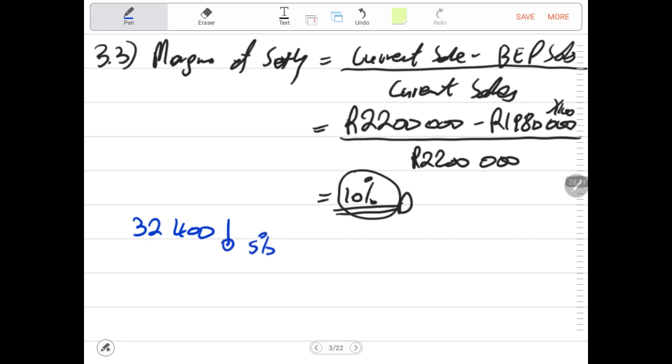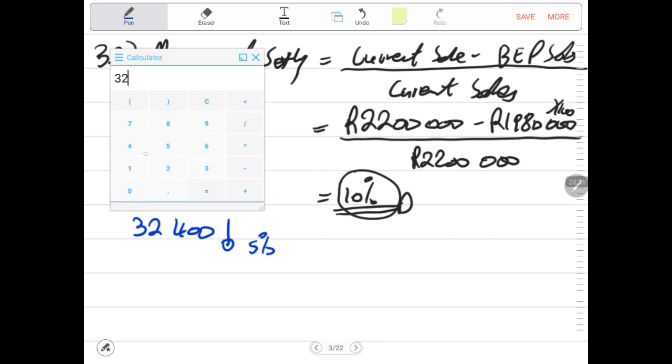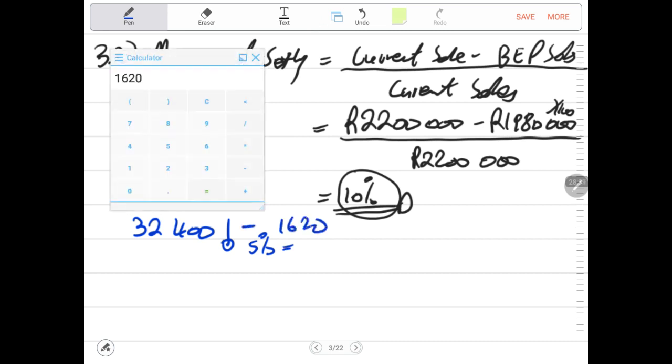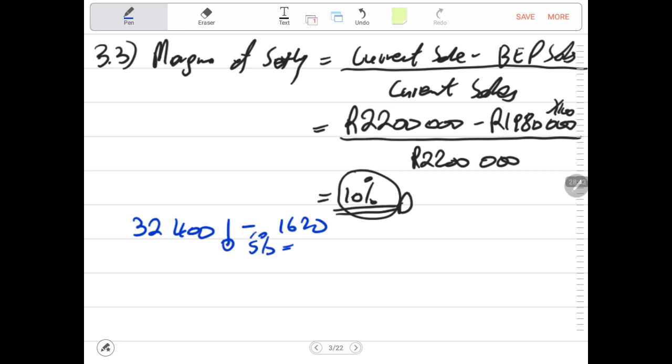Let's just calculate: 32,400 multiplied by 5% is 1,620. If our sales decrease by 1,620, which is 5%, the company will still be making profit because it is still below the margin of safety percentage.